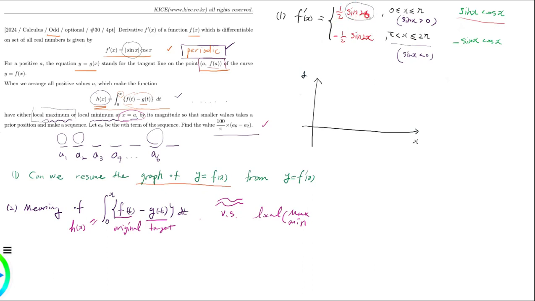It's about the function of sine of 2x. It's a periodic function, periodicity pi.